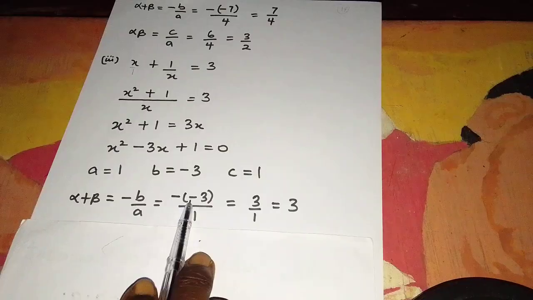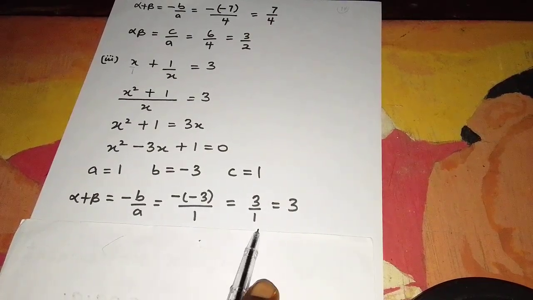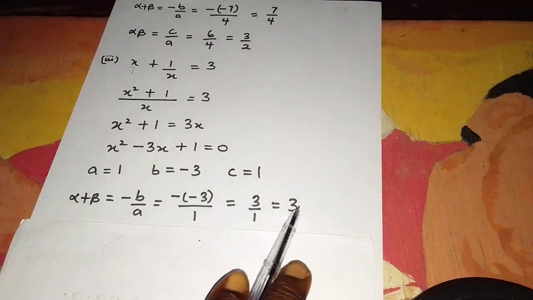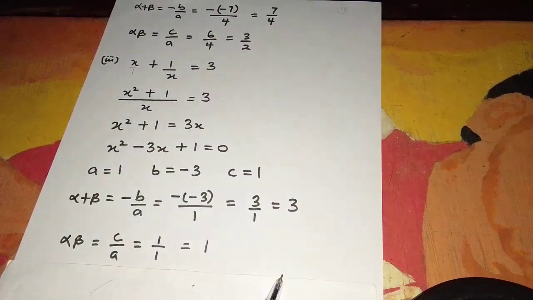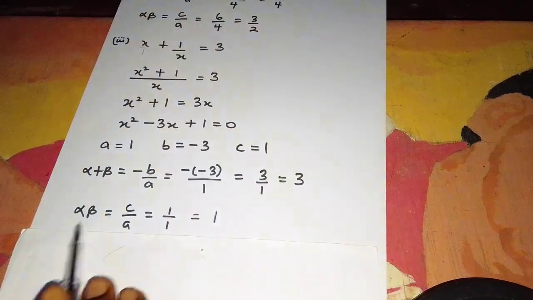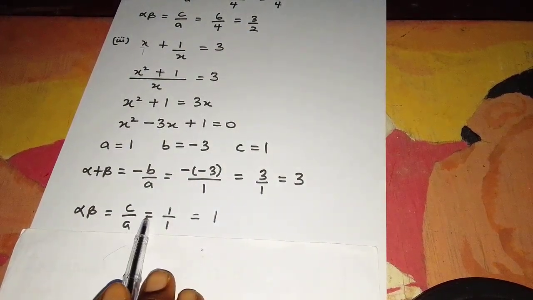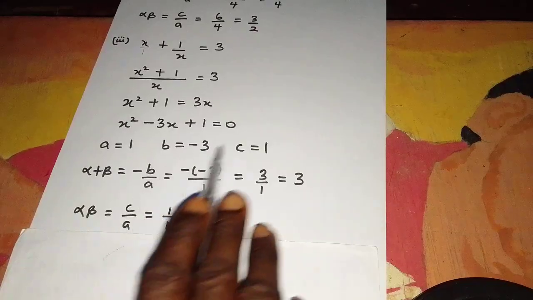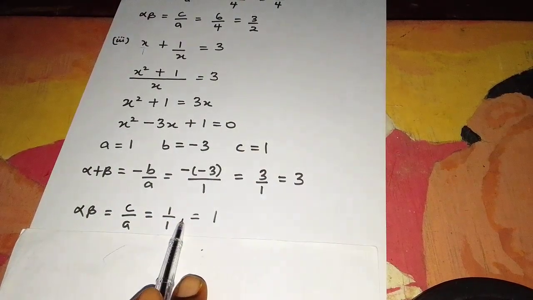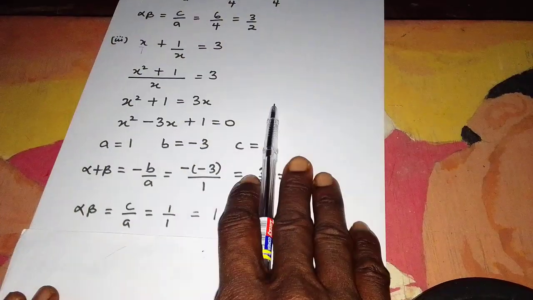So minus times minus will give us plus 3 over 1, which is the same thing as 3. Now the product of the roots, alpha beta, is c over a. Our value for c is 1, over a, which is 1. 1 divided by 1 gives us 1.